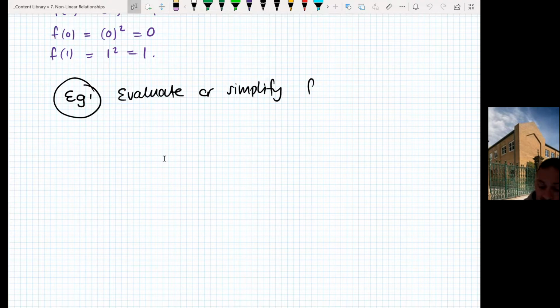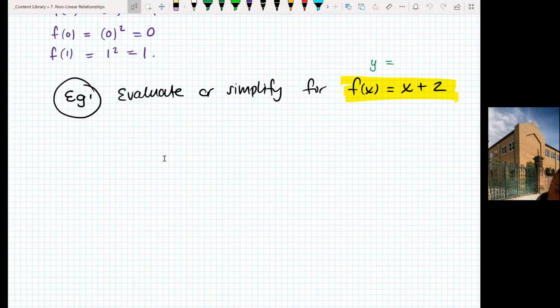Given f of x equals x plus 2. So I'm telling you that the equation is y equals x plus 2. Remember, f of x is just y. I might even write that above it. y equals x plus 2.